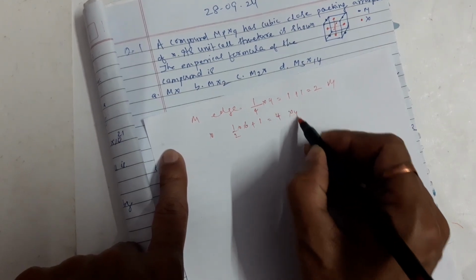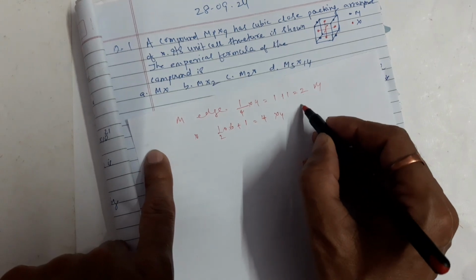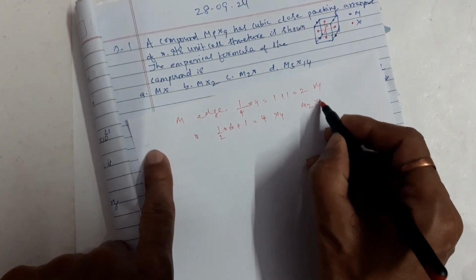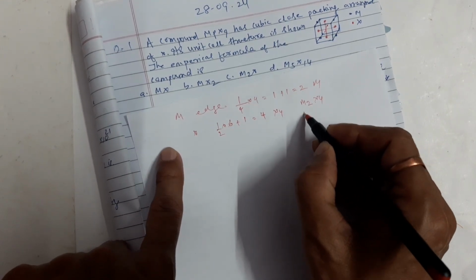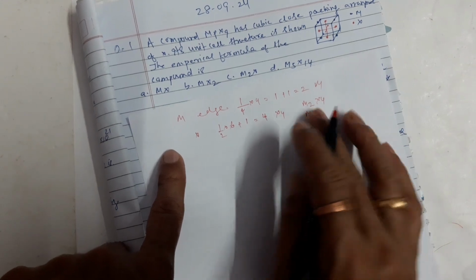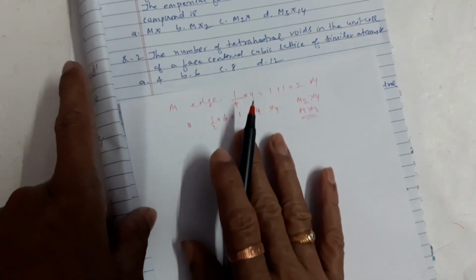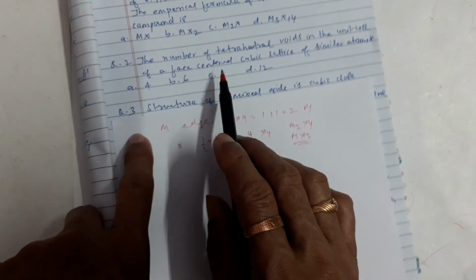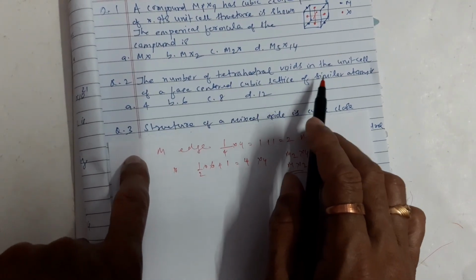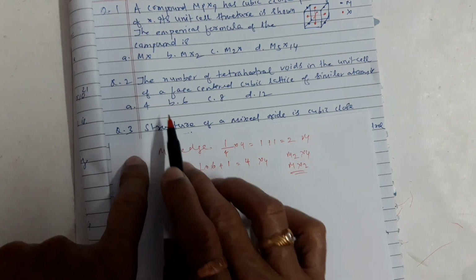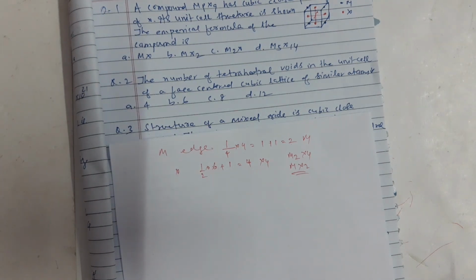So X is 4, your formula is M2X4, and you can also write MX2. So B is the correct answer.